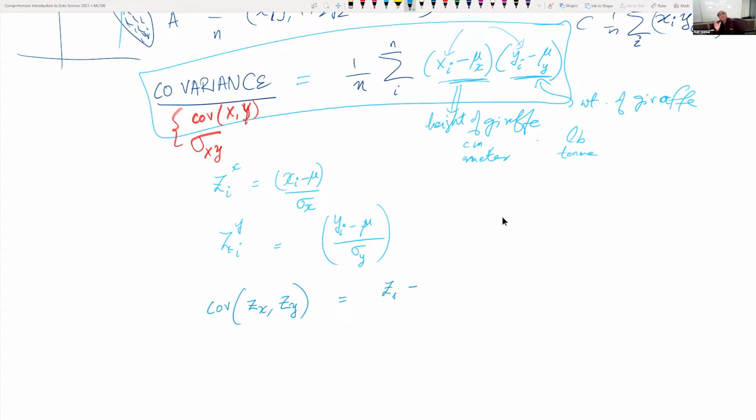If you standardize the values of X, what will be its average? Mu will be 0, isn't it? Remember, it is xi minus mu X. So by definition, once you Z-value something, its average is 0 for that data set. So it is minus 0 times Z of Y minus 0, right?